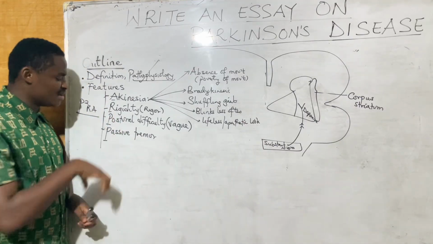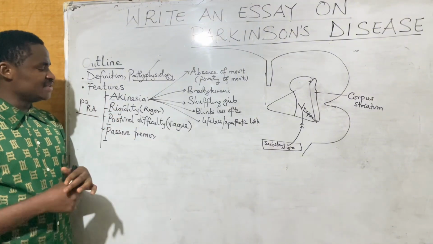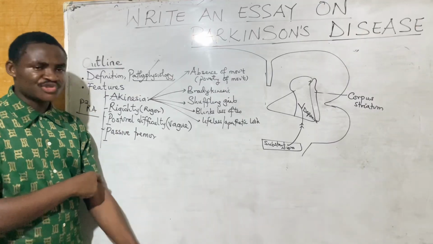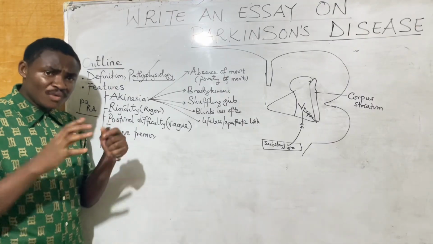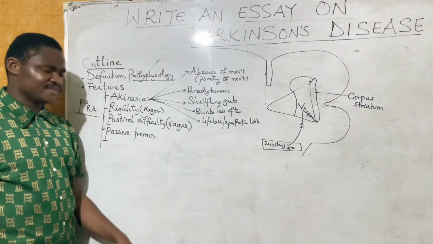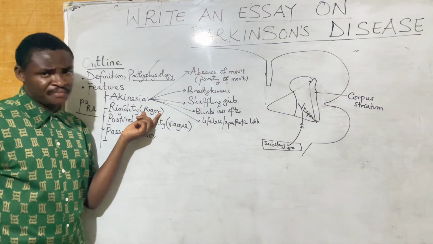Now, for the other features, you can explain. Rigidity means that there is difficulty in the way the muscles move, even when joint movement is still possible. The muscles are so stiff. There is stiffness in muscles, so it's otherwise called rigor.